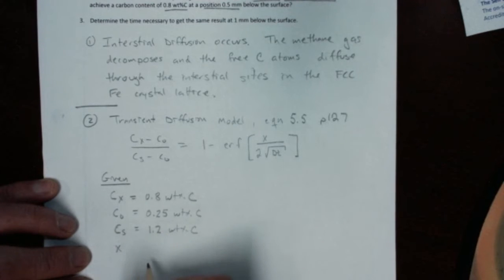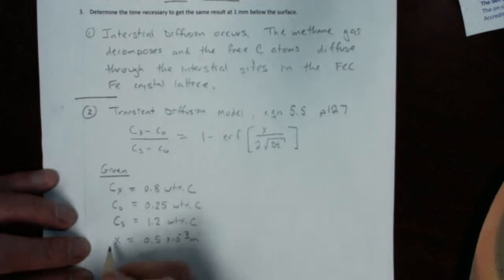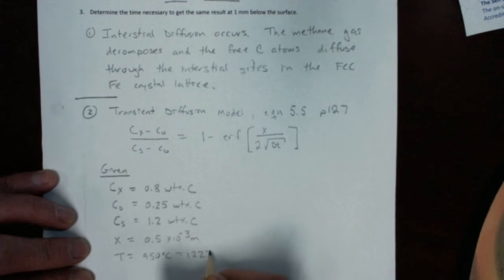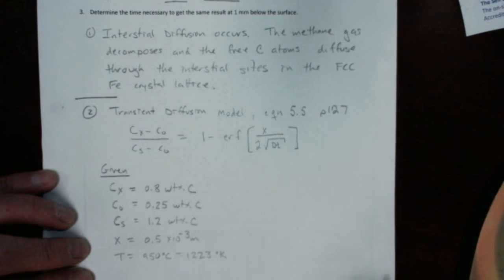The position that we're dealing with is half a millimeter into the surface, that's 0.5 times 10 to the minus 3 meters. And the temperature is 950 degrees C, which is 1,223 Kelvin.